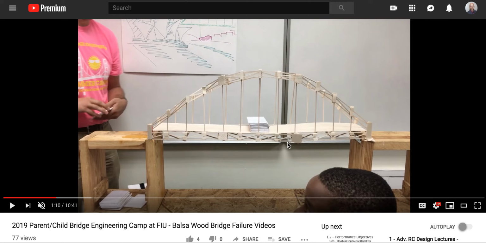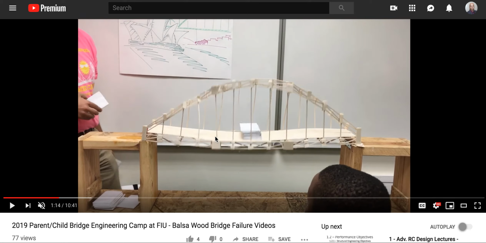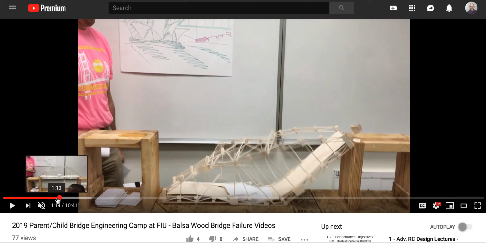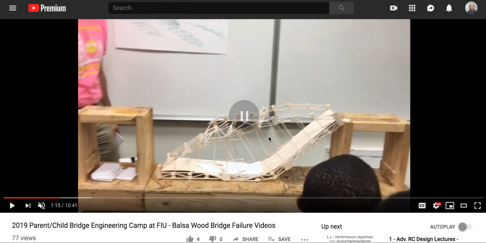But then, as the bridge is failing, it twists and the next break in the air is right about there. So your first is here, now here's your second. And then back to that point again. Right there. There's your hinge.